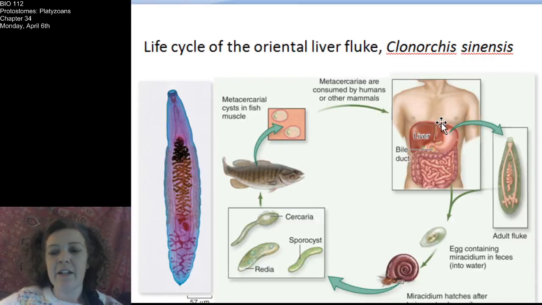So the fish is eaten by a human, where that fluke will migrate particularly to the bile duct of the liver. That's why it's the liver fluke, where it will reproduce and live out the rest of its life in peace and harmony. Not really. It's actually not good for you.